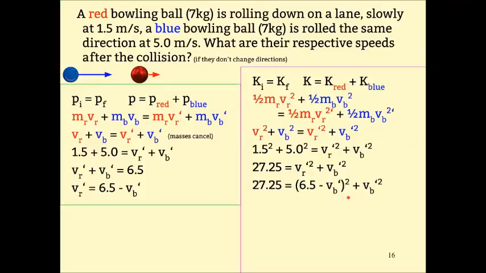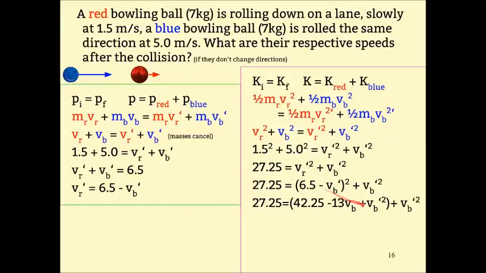And now my next algebra step is I have to clear this parentheses, so I have to square this binomial. Be careful on that, because it's not just that squared minus that squared. We have to do the FOIL method. So we have 27.25, and now this FOILed is 6.5 squared, and then that times 2, and then that squared.